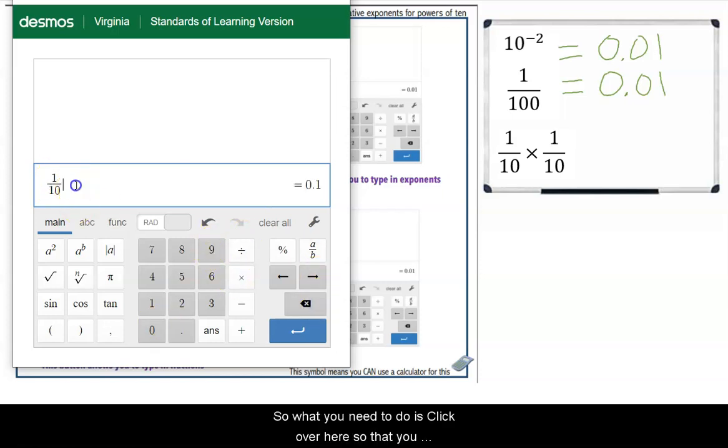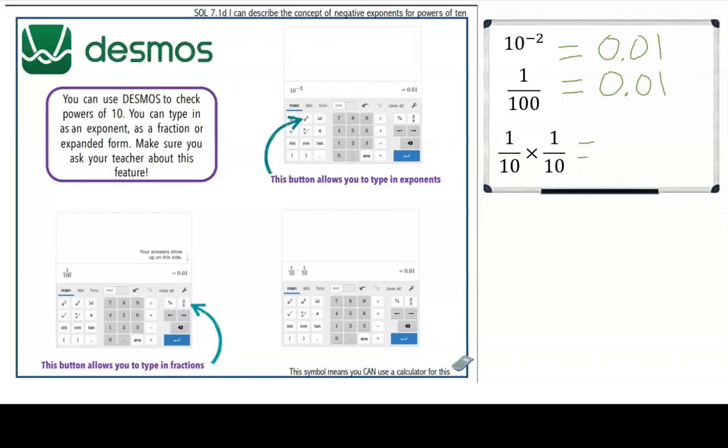So what you need to do is click over here so that you can get the multiplication sign outside of the fraction. So times, and then I'm going to have 1 over 10 here. And you can see that I get that same decimal again. Excuse me, 0.01. They're all equal to 1/100th.